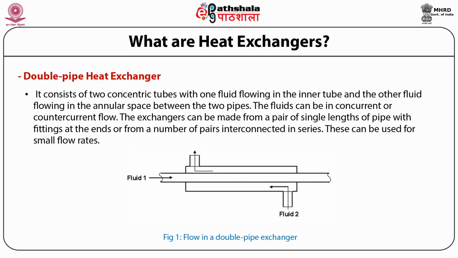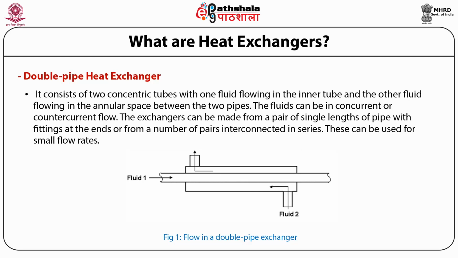The fluids can be in concurrent or countercurrent flow, that is, in parallel or countercurrent flow. The exchangers can be made from a pair of single lengths of pipe with fittings at the ends, or from a number of pairs interconnected in series. These can be used for small flow rates.